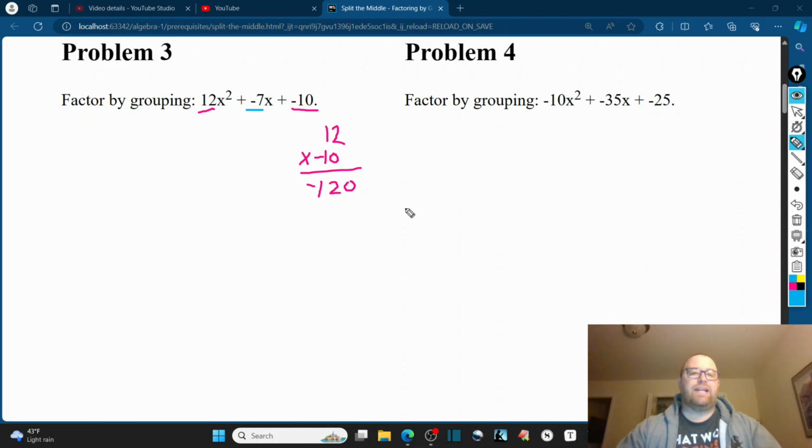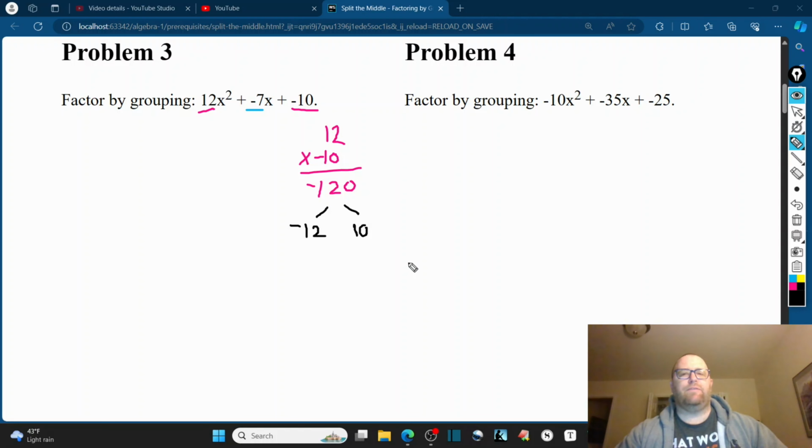To get factors of a negative number, I have to, by default, multiply a positive by a negative number. So let's just start. I want the negative number to be further away from 0 on the number line to add to a negative number here. So let's start with negative 12. If I do negative 12 times 10, well, that adds to negative 2. So not quite there.